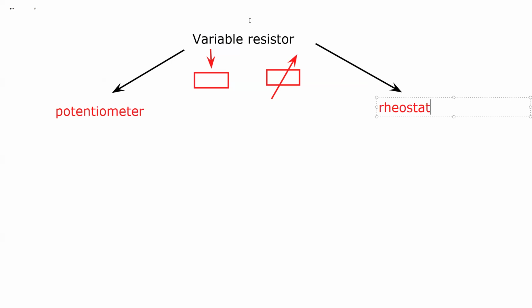When we use it as a potentiometer, we use all of these parts. The main purpose is to divide the voltage, whereas as a rheostat the main purpose is to change current.